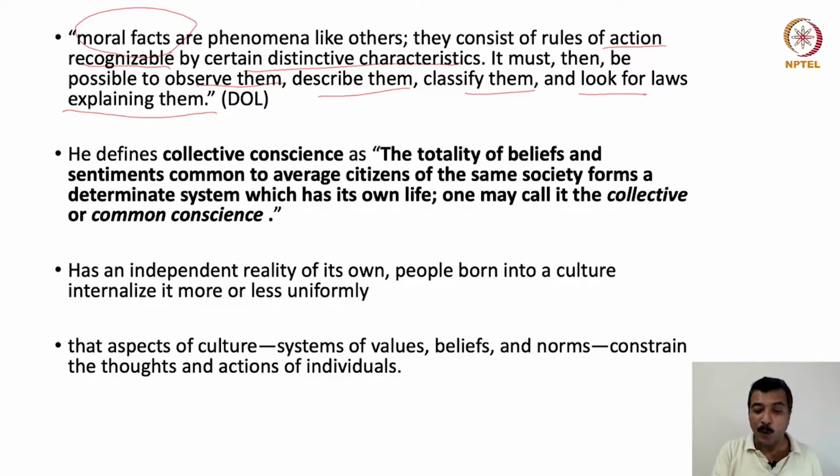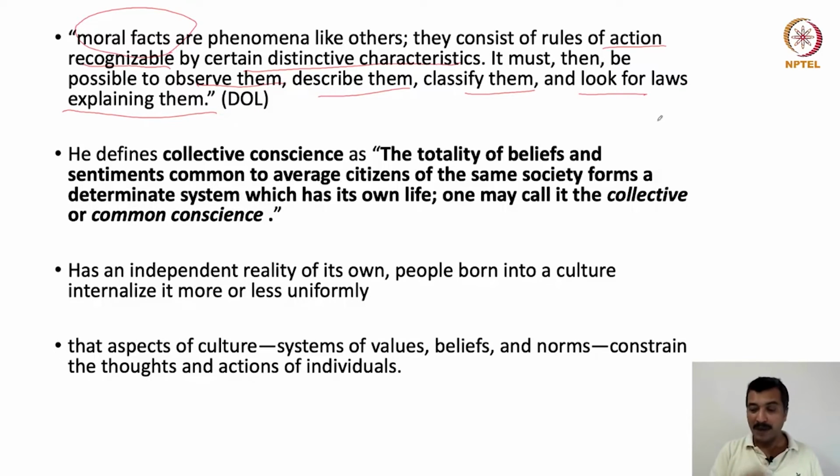They are phenomena like others, and if they are something extremely important, if they are consequential, if they have so much ability to influence the individual as well as the collective life of individuals, then you must be able to observe them, describe them, classify them, and look for laws explaining them.